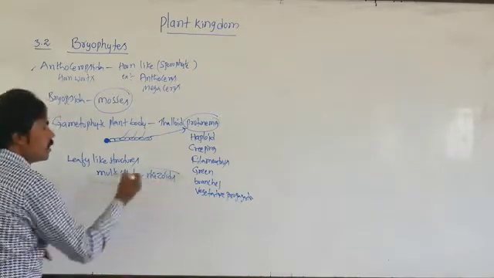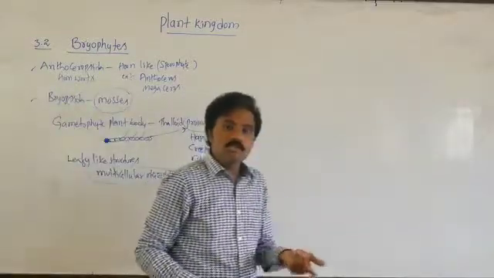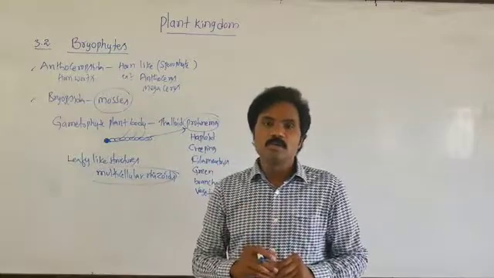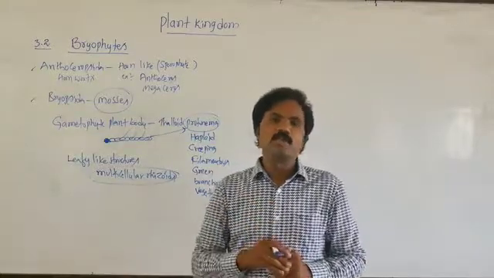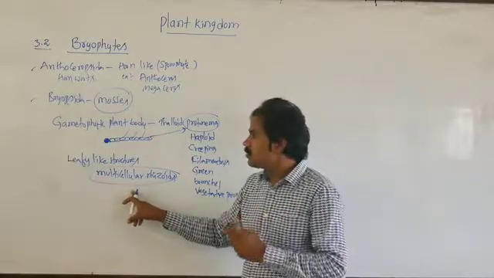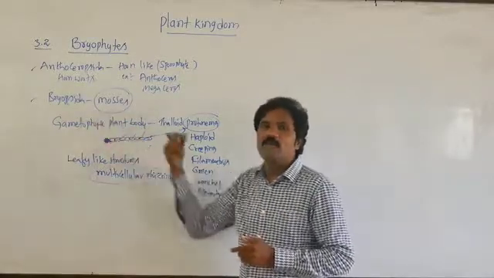This is important. In the last class, what type of rhizoids did we observe in the liverworts? Unicellular, unbranched. Here, we observe multicellular rhizoids in the secondary gametophytic body.